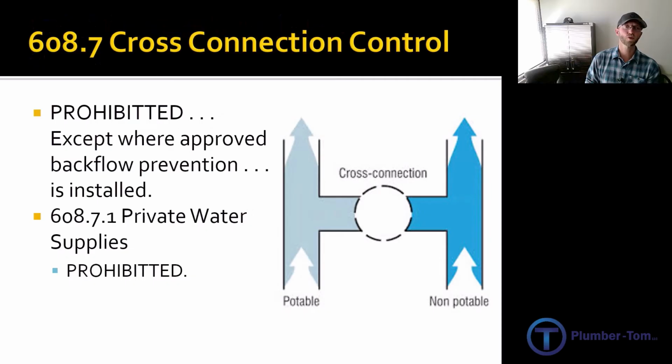608.7 talks about cross-connection control. It says cross-connection shall be prohibited except where approved backflow preventer assemblies, backflow prevention devices, or other means or methods are installed to potable water. This means anytime you have potable water connecting directly to a non-potable water system, whatever that is, maybe mechanical or something else, you have to have something to protect there. 608.7.1 says that cross connections between private water supply and public water supply shall be prohibited.